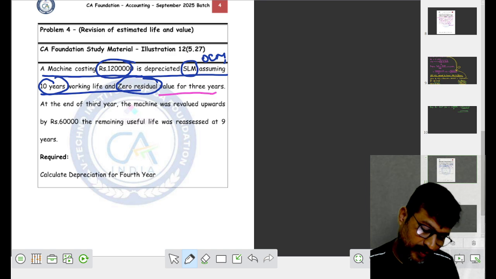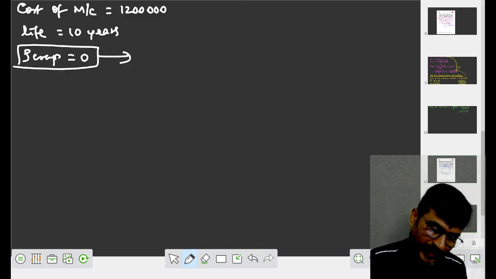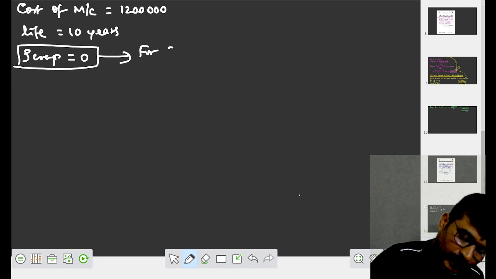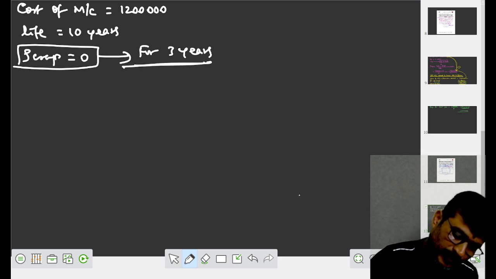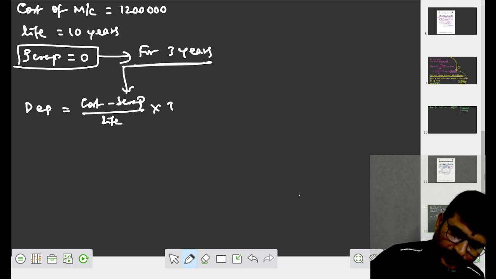Scrap value is 0 for 3 years. How many years? For 3 years. Now what we have to do? We have to calculate depreciation: cost minus scrap by life into 3 years.